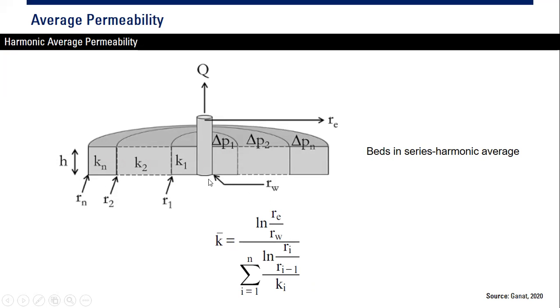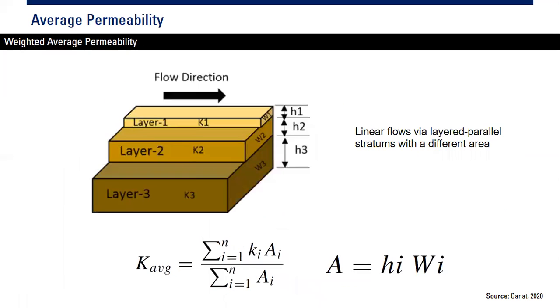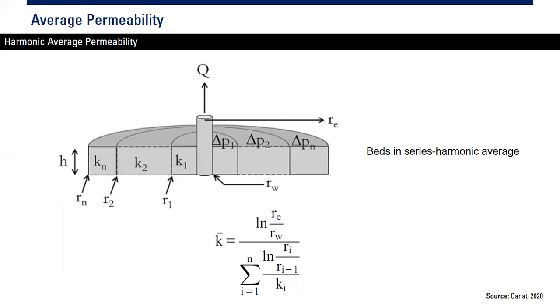And here you have your wellbore radius. Then you can perform this harmonic averaging using this formula. Again, this symbol is called sigma, or the summation. Okay, you need to know this, you need to understand this because I might ask this in the test.